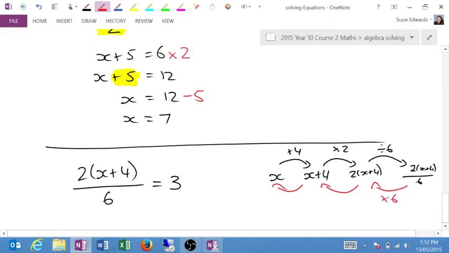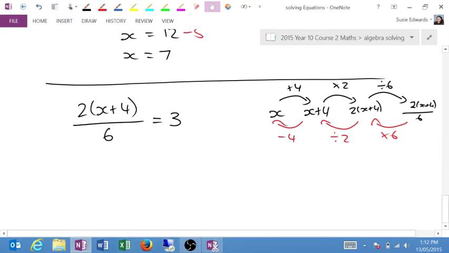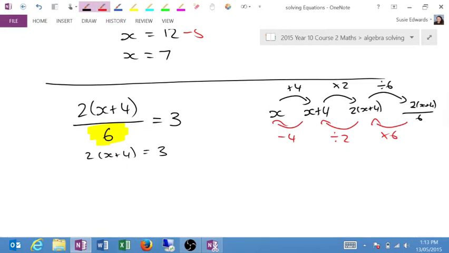So we go times by 6, divide by 2, take 4. So first thing we're getting rid of is the 6. What's left? 2x plus 4 equals 3. Got to put the 6 back in, so we go times by 6. 2x plus 4 equals 18.